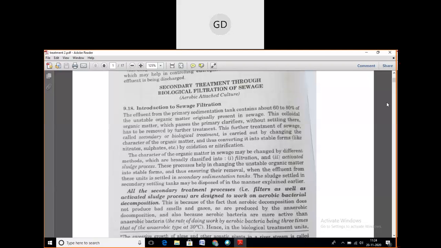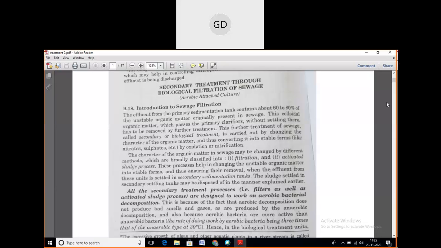This further treatment of sewage is known as secondary or biological treatment. It is carried out by changing the character of the organic matter, converting the unstable organic matter into stable forms like nitrates, sulfates, etc., by oxidation or nitrification.